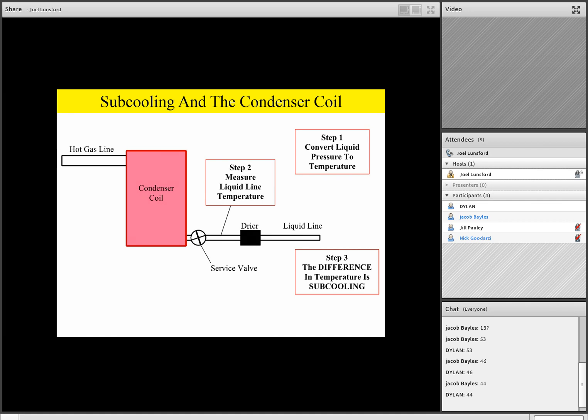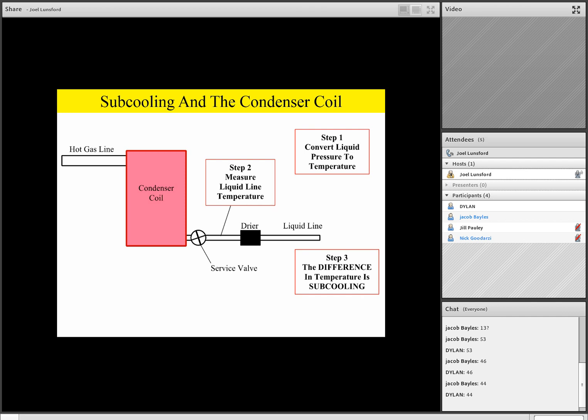So step number 1, we convert liquid pressure to temperature off the pressure temperature chart, just like we did in practice. Step number 2, we're going to physically measure the liquid line temperature with our good high-quality clamp-on temperature probe. Step number 3, we're going to find the difference. The difference between those two temperatures is subcooling.